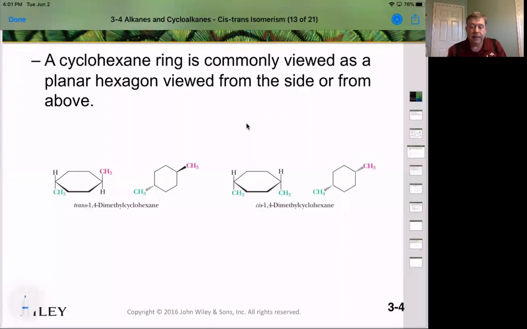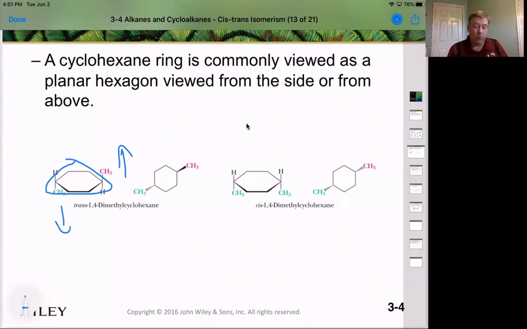So let's take a different perspective and look at it for the cyclohexane now. In the case of the cyclohexane, we again look from this perspective. If we draw the ring out right here and have one of them above the ring and one of them below the ring, that would give us the trans configuration.